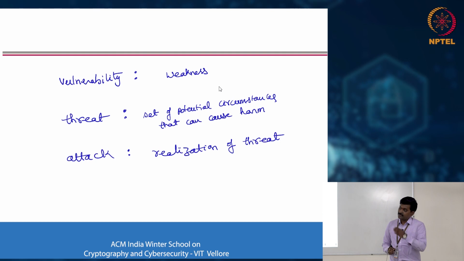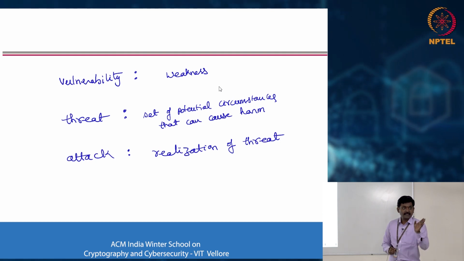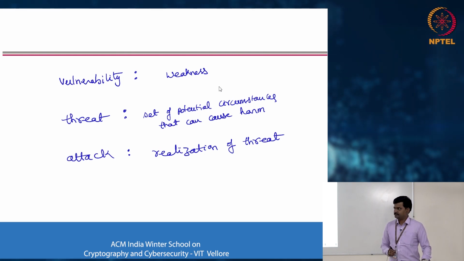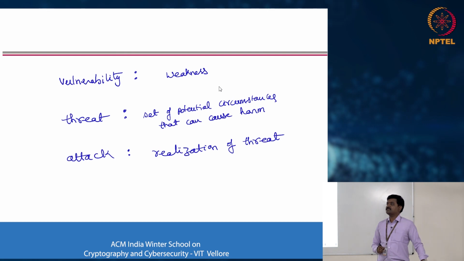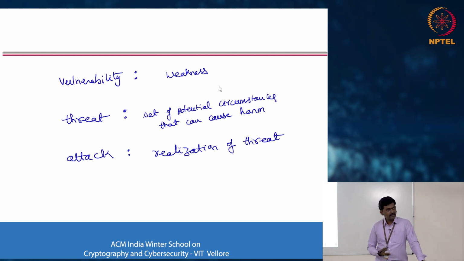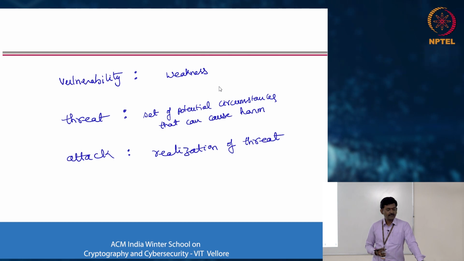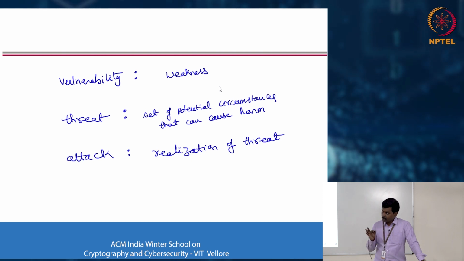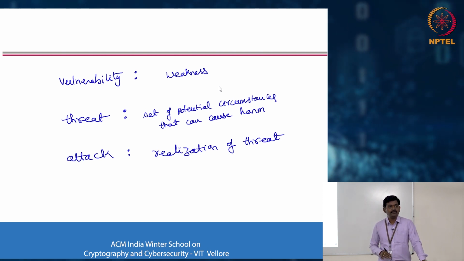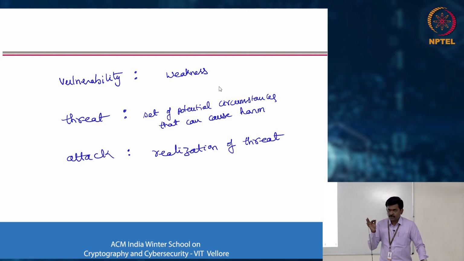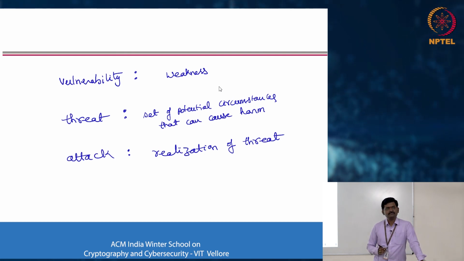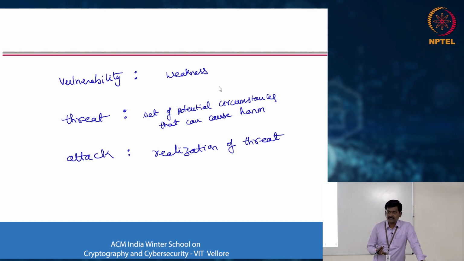For that, first of all, the thief should know that my door is not locked. That means you have to do vulnerability analysis. Vulnerability analysis will tell you all the weaknesses in the system. If I as the owner know there is a vulnerability, I will try to secure it. But if the attacker knows before me, the threat is always there.